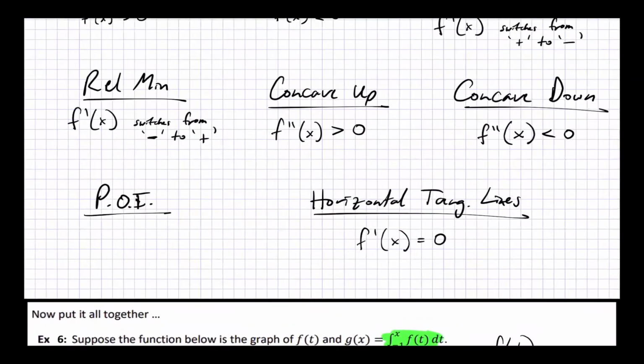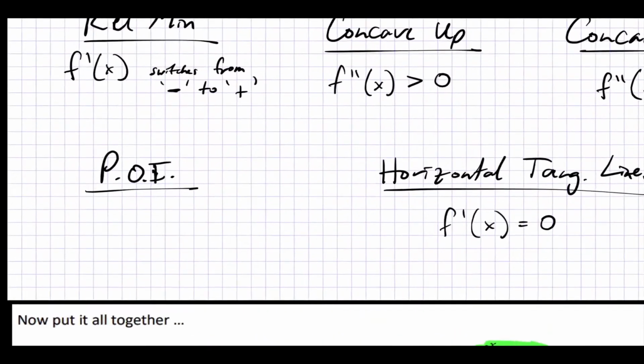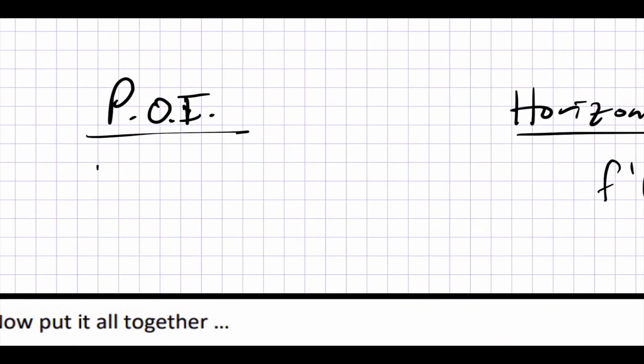And then how do I know where it switches? Points of inflection are where it switches from concave up to concave down or concave down to concave up. So how do I know when it's going to switch? When f double prime is what? 0. Mhm. 0.